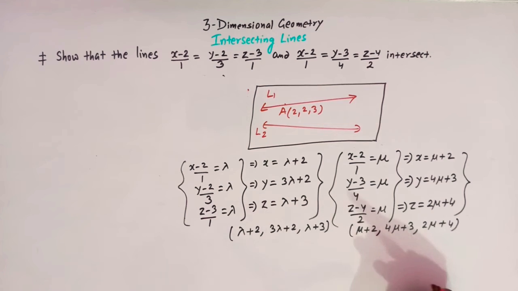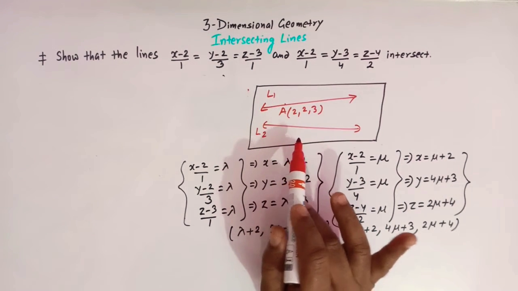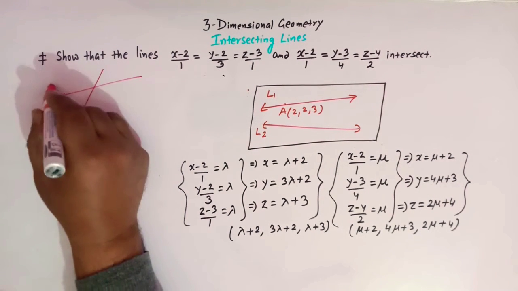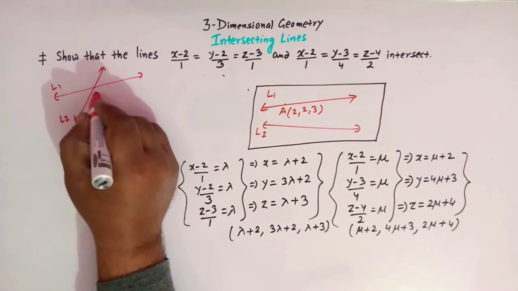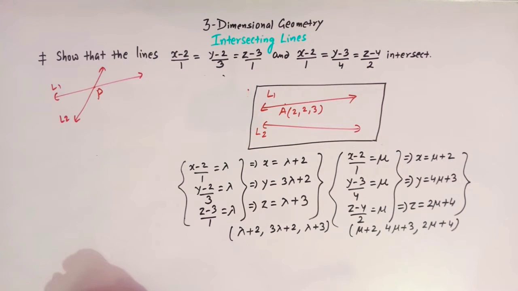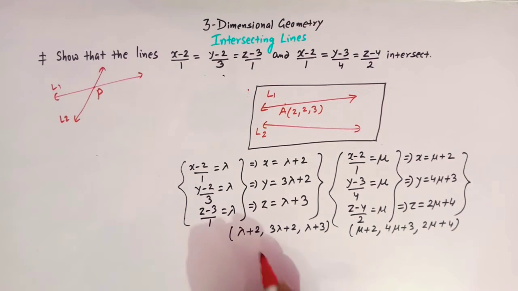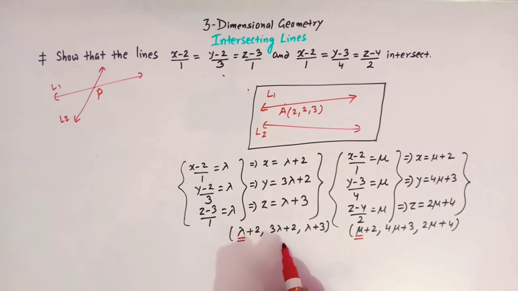Now here, if the two lines L1 and L2 intersect, then there must be a common point of intersection, which is this point P, right? Now for some value of lambda and mu, this point should represent the same coordinates.